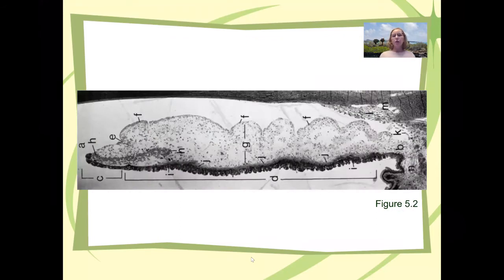So this is a cross-section of our iris. Let me orient you just a little bit here so we know what we're looking at. The cornea is going to be at the top of our image. This is the iris. Our ciliary body is over here, and our lens would be down at the more bottom part of the image. The pupil will be here where the iris ends.